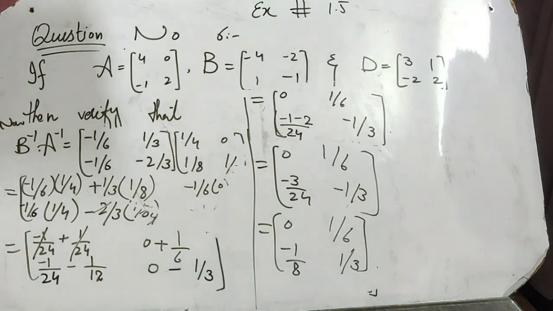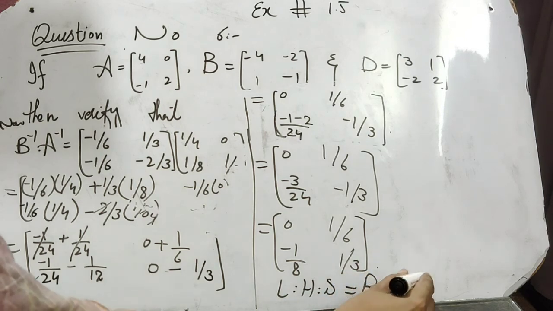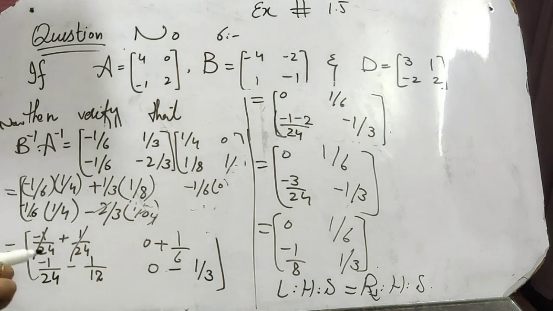This is the answer of the A part of question number 6 and this is equals to the left hand side. So we can say that left hand side is equals to right hand side. This is what we want to prove.